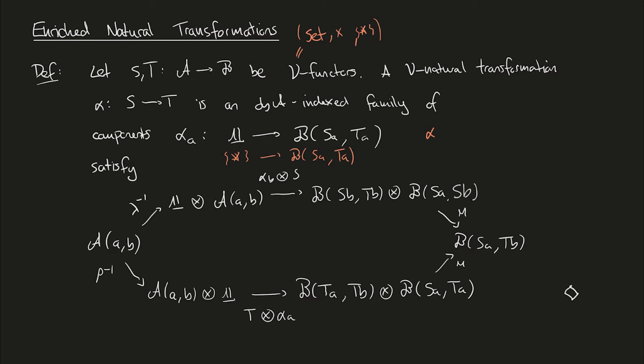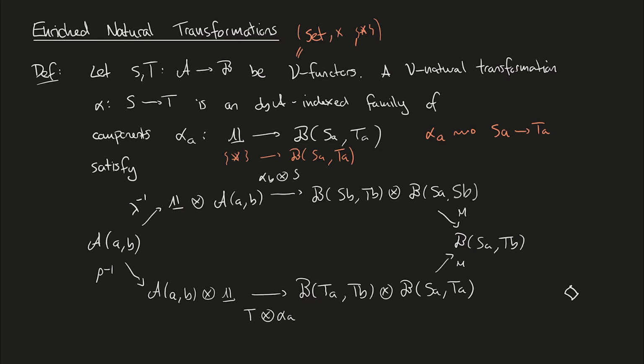So actually what we're getting is for each alpha A, we obtain a map SA to TA. So in this case, this is the same as for a normal natural transformation, because a normal natural transformation consists of a family of component morphisms, one for each object in the source category.